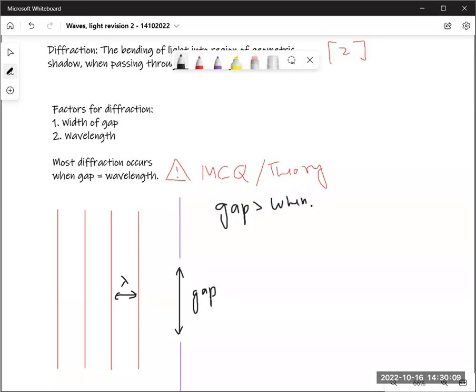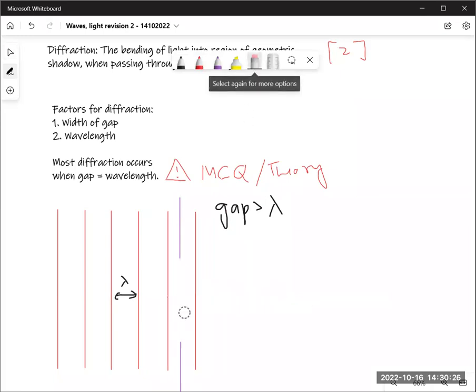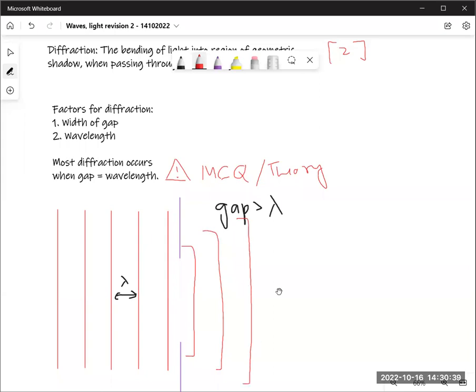And what happens when this is the case? Wavelength stands for lambda. Now what will happen if I do this? The waves are still going to pass through, but they won't look like this. They'll look something like this. Is that clear?